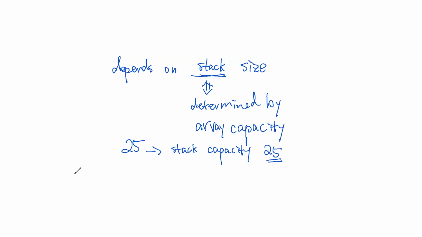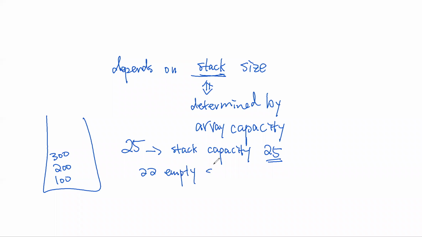That just means you can add 25 numbers. Suppose you only add 3 numbers, then that means you have 22 empty slots, and you can still add 22 more numbers here. Did I answer your question? Yeah, I think so. That makes sense.